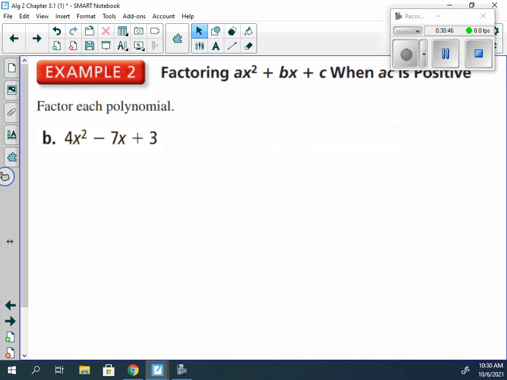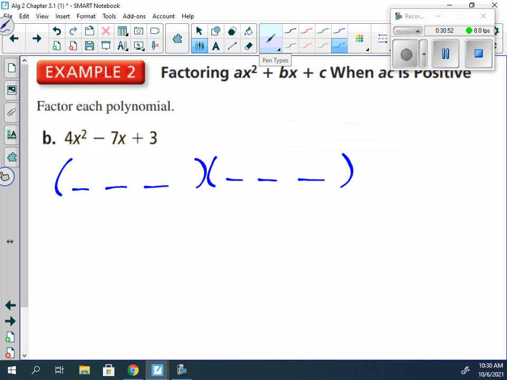Four x squared minus 7x plus 3. Well, there is no greatest common factor. Two sets of parentheses with 3 spaces. Since the constant term is positive, the signs are the same and they match the sign of the middle term, which is negative.